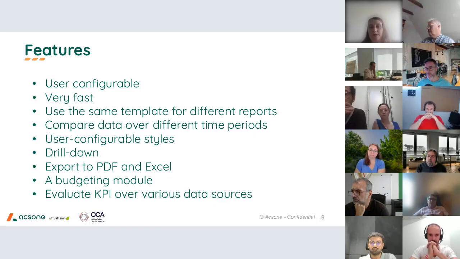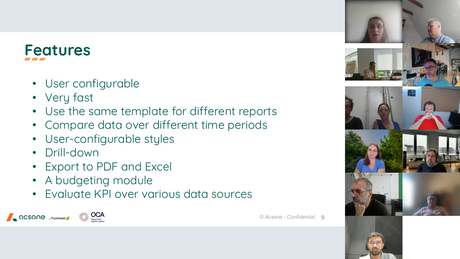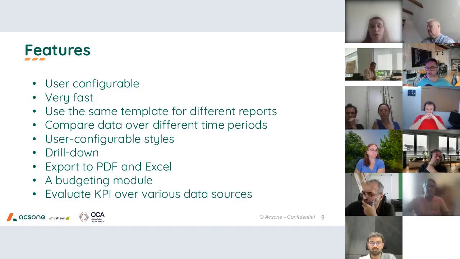The second feature is that it's very fast. Even if you have 1 million lines of data, you obtain your report very quickly. The next feature is that you can use the same template for different reports. It's very useful if you need to make reports for different usages.